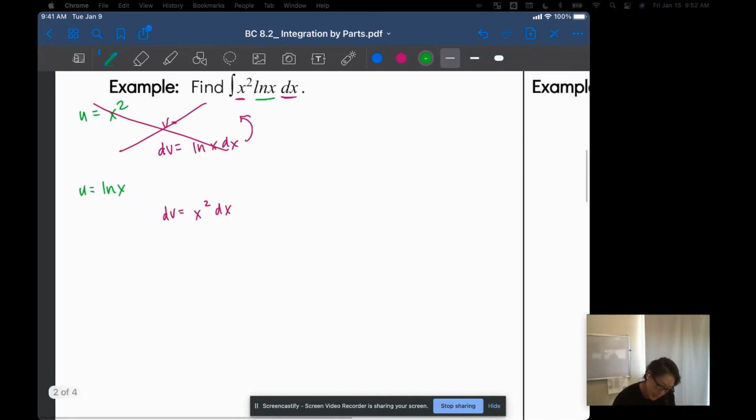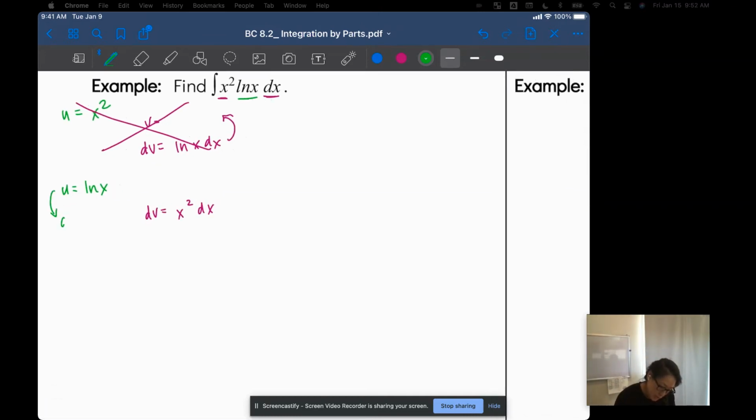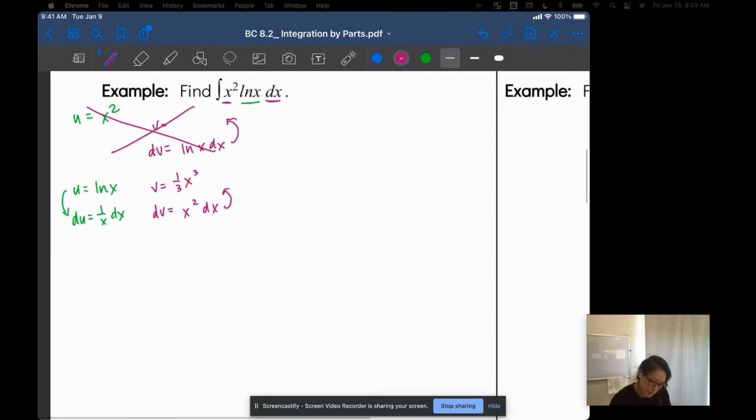All right, so I take the derivative of u, so du is equal to, the derivative of ln of x is 1 over x dx, and the antiderivative of dv would be 1/3 x to the third power. Right, and then I'll just double check. Yep, that works. I double check by taking the derivative. So 3 times 1/3 is 1, and then I reduce my power by 1. Okay, so I can go ahead and write this out now.